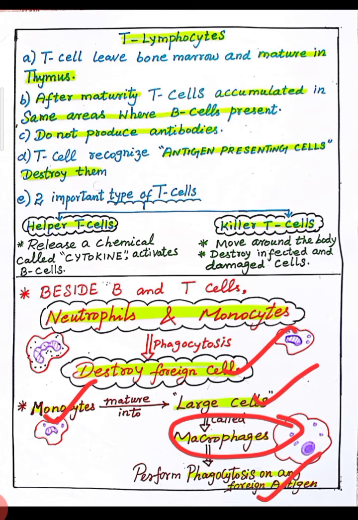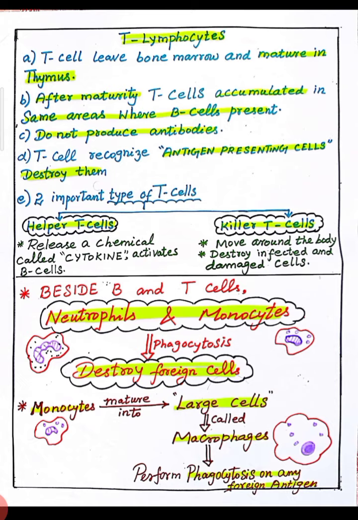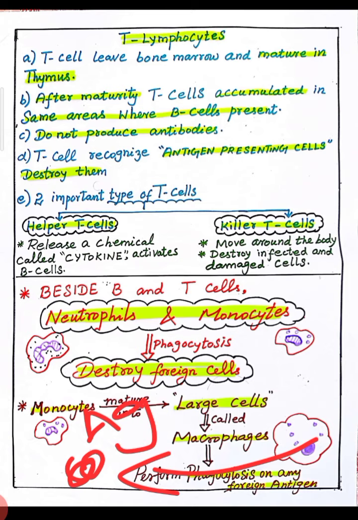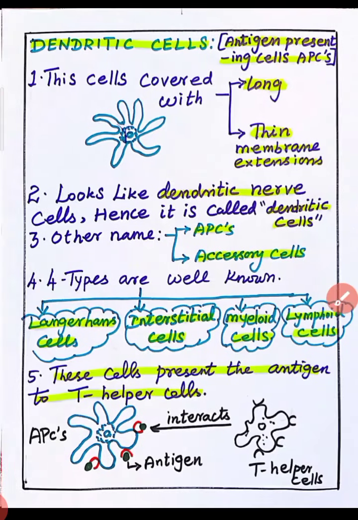Monocytes have the capacity to become large cells, and those large cells are called macrophages. These macrophages have the capacity to engulf the foreign antigen. Yes, got it?